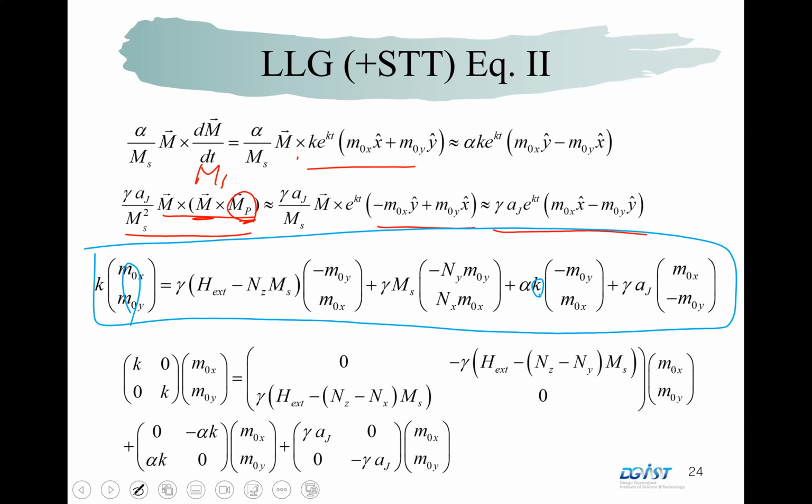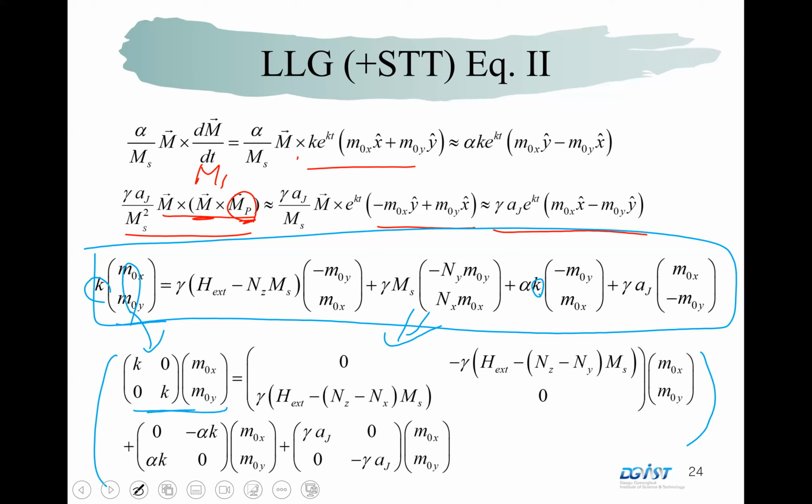We are going to solve this differential equation to find k, or the small m, which correspond to an eigenvalue and eigenvector. Okay, so it looks like two simultaneous differential equations, but you can write this in a matrix form more simply by changing k into a 2 by 2 matrix form.